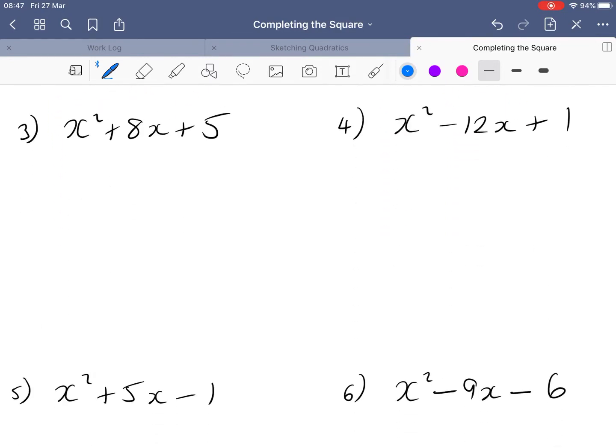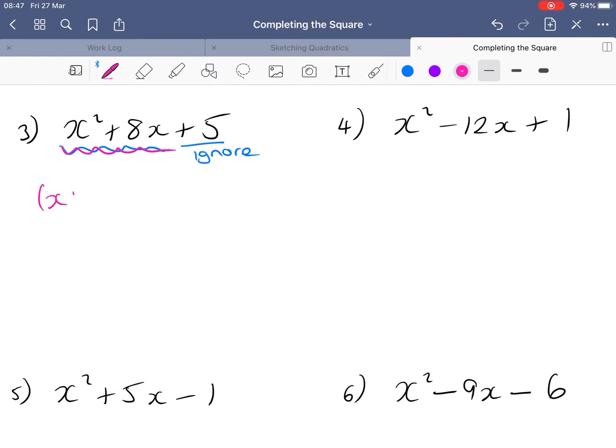Right, so sometimes though we get a number on the end, we get a constant term on the end. But what we do is we actually ignore this part to begin with and we pretend it's not there, okay? And what I do is I complete my square on this. So if I just think about this, I'll do this bit in a different colour.